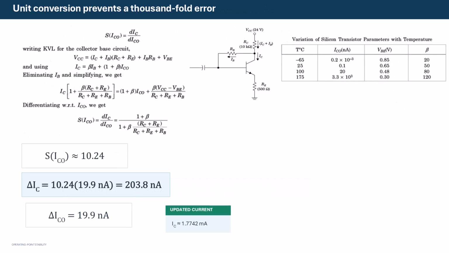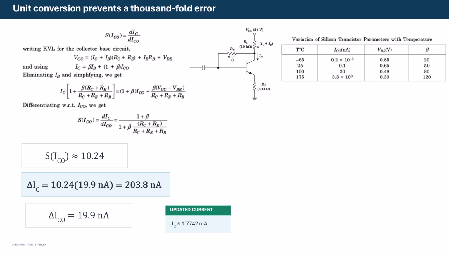For this collector to base feedback example, the leakage stability factor is approximately 10.24 from the table. For change in temperature from 25 degrees C to 100 degrees C, the leakage current rises from 0.1 nanoampere to 20 nanoamperes.